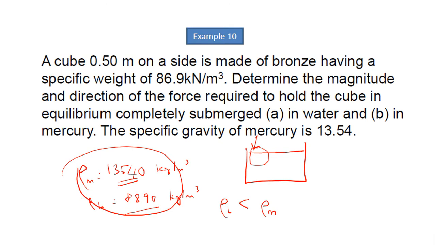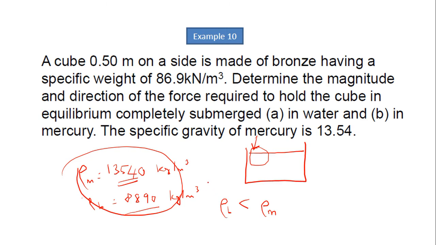Okay, so from the property of the object and the fluid, you should already be able to determine whether the force is upward or downward. But obviously, you still can do it by calculation. You can assume first whether it's upward or downward, and when you calculate the value of the force, whether it's positive or negative tells you whether your assumption is correct or wrong.